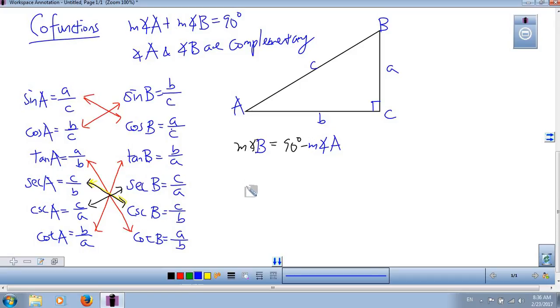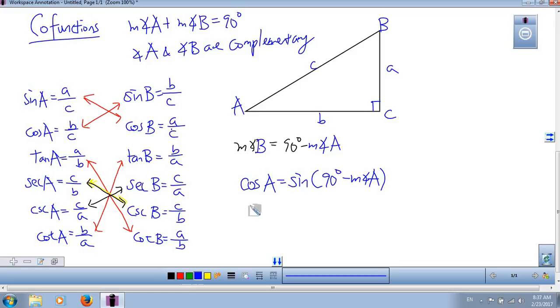So let's go ahead and write out several sentences to see if we can draw a conclusion here. That means cosine of angle A is equal to sine of angle B, but angle B is 90 degrees minus the measurement of angle A. This will apply to all acute angles.